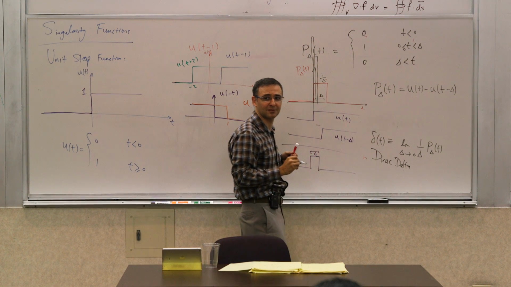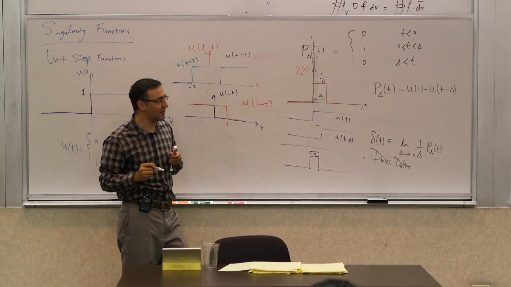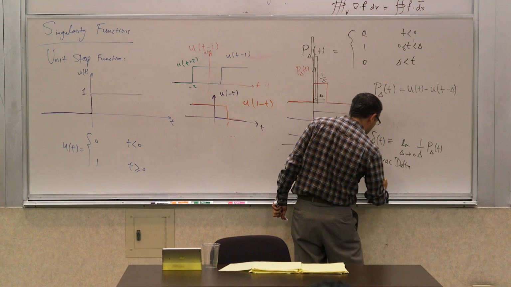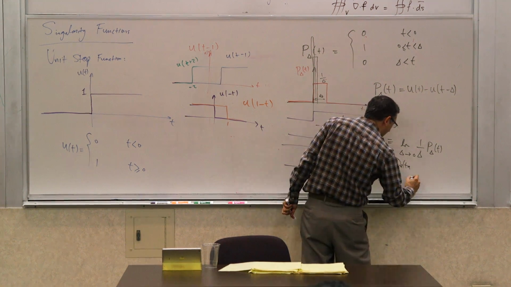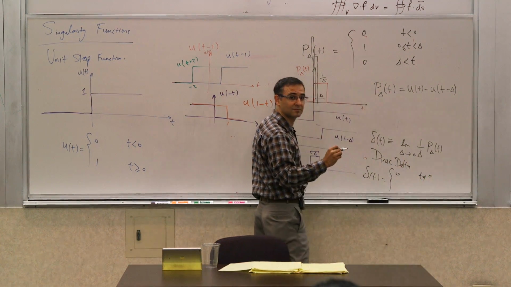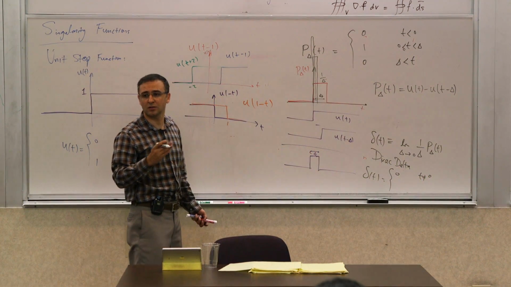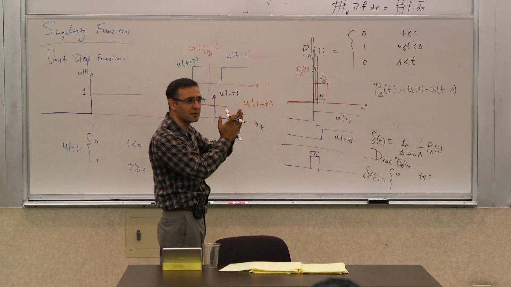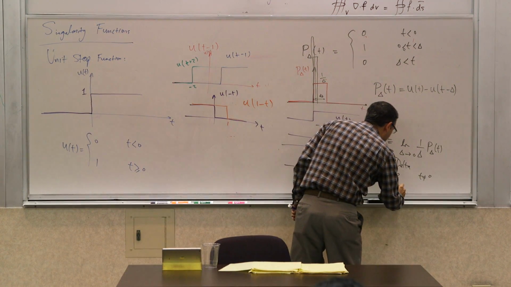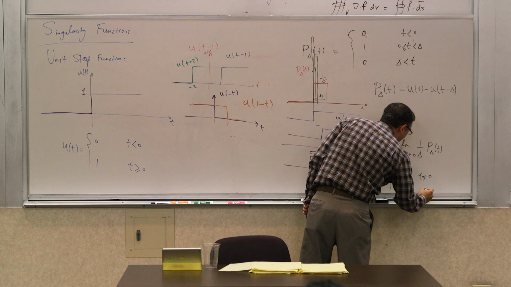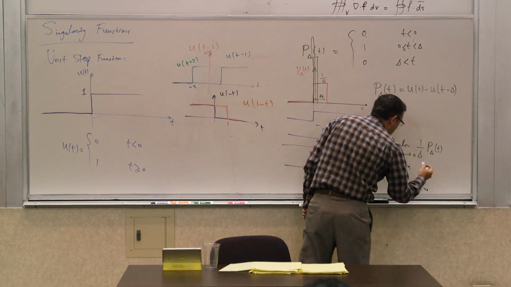Now, the Dirac delta, delta of t, is 0 whenever t is not equal to 0, at all times, because it has been compressed to essentially one point. And its value is undefined at t equals 0.